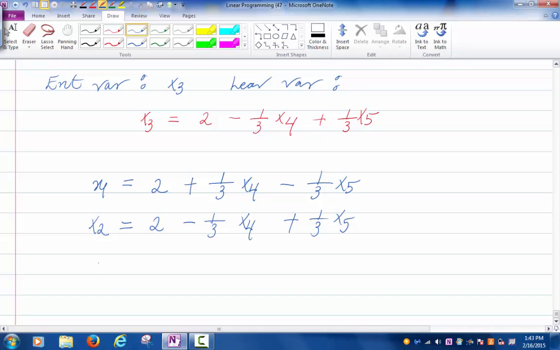And then, sorry, this was x3, I think, right? This was x3, and then x2 would be 6 minus half x4 plus 0 x5.